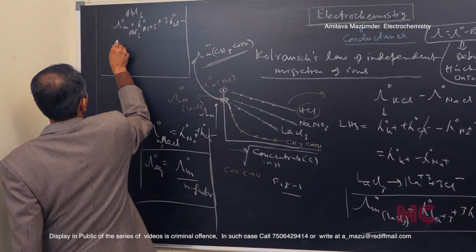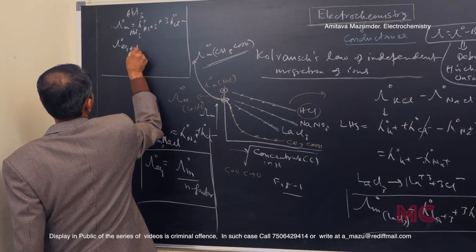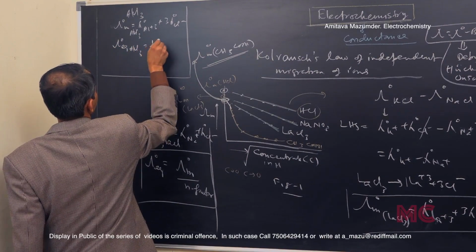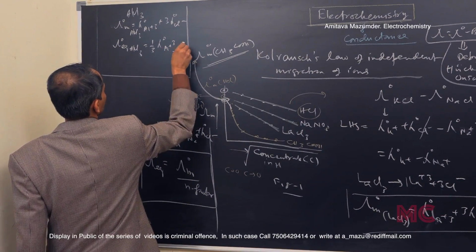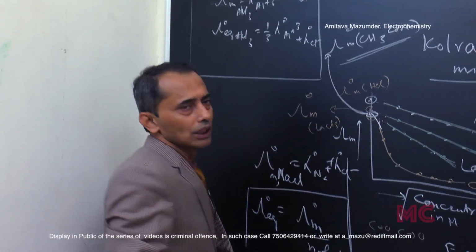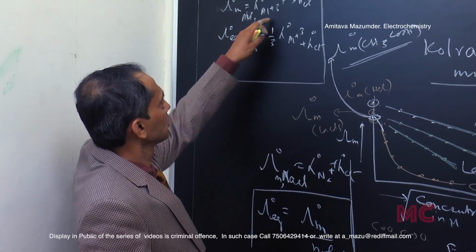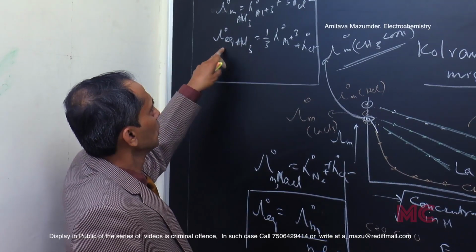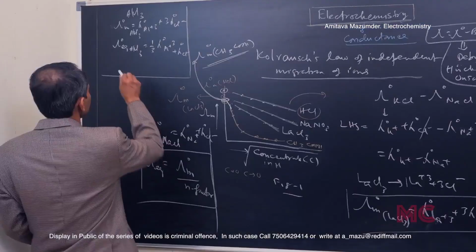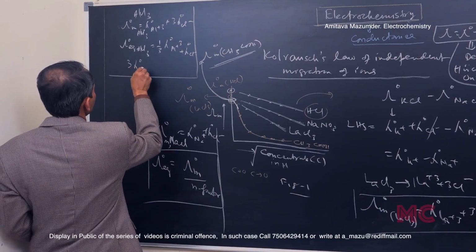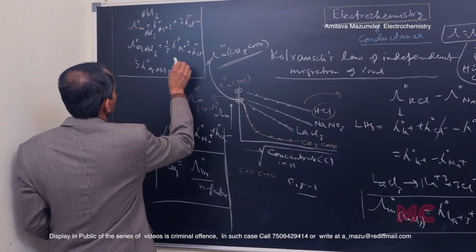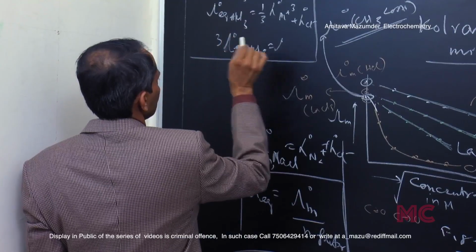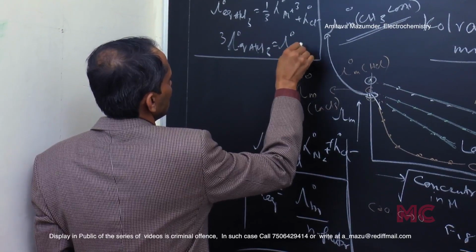But if I say lambda naught equivalent AlCl3, that is 1/3 lambda naught Al3+ plus lambda naught Cl minus. So matching these two, you can see that 3 into this will be equal to lambda naught molar. That means 3 into lambda naught equivalent of AlCl3 is equal to lambda naught molar AlCl3.